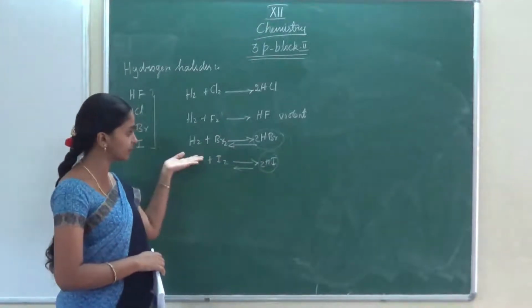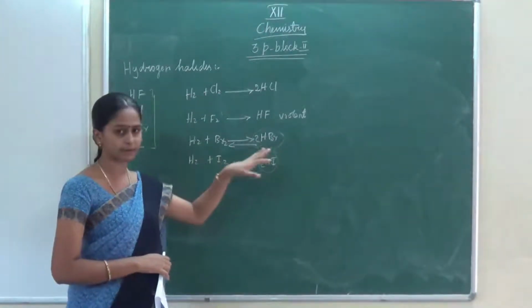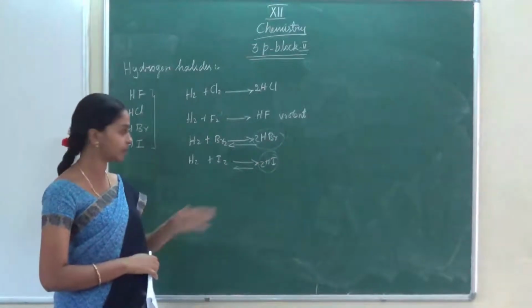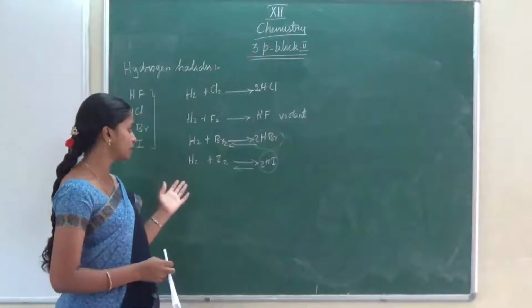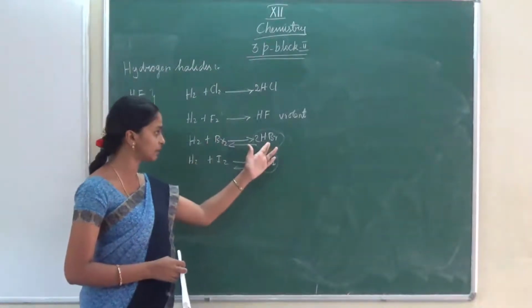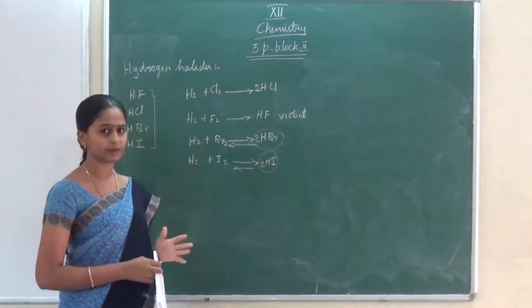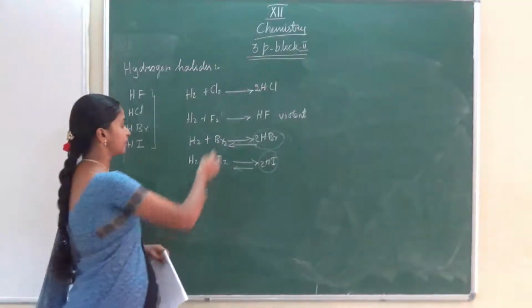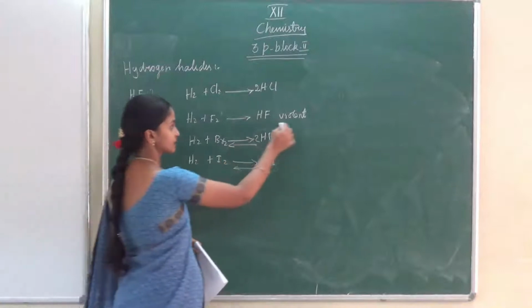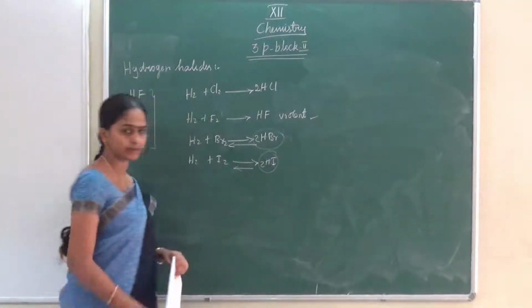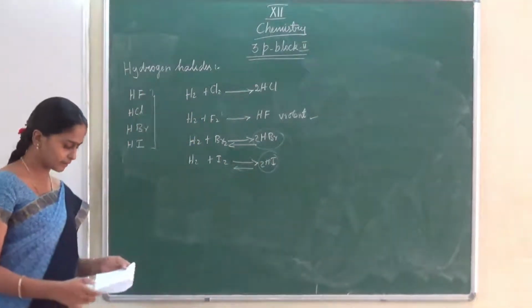Since it is a reversible reaction, this mixture will also be present in the hydrogen bromide and hydrogen iodide. So direct combination is not successful for preparing hydrogen bromide and hydrogen iodide in pure form. But we can prepare hydrogen chloride and hydrogen fluoride. The hydrogen fluoride reaction is a violent reaction. 1 mark question.